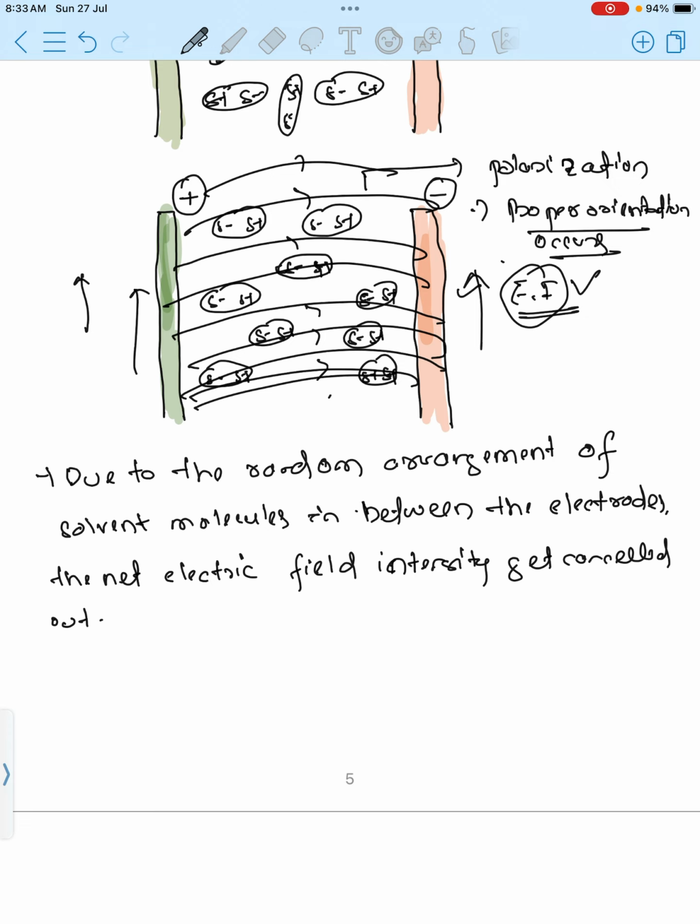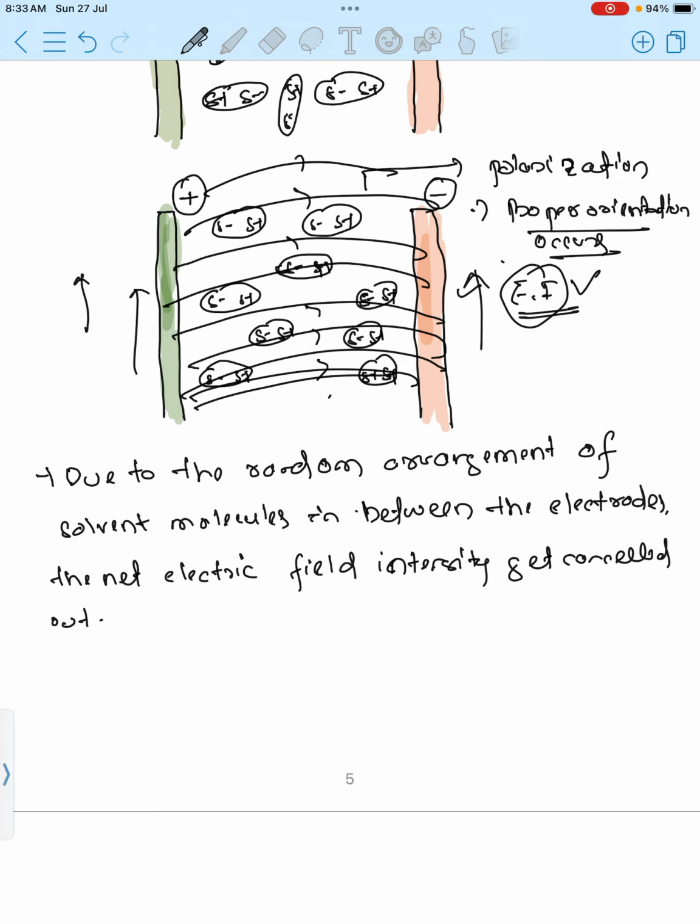The dielectric constant is that nature of the molecules by which they decrease the electric field intensity. So when the solvent molecules get directed in a particular direction, they cannot decrease the electric field intensity to the extent they did when arranged randomly. Therefore the dielectric constant value decreases.